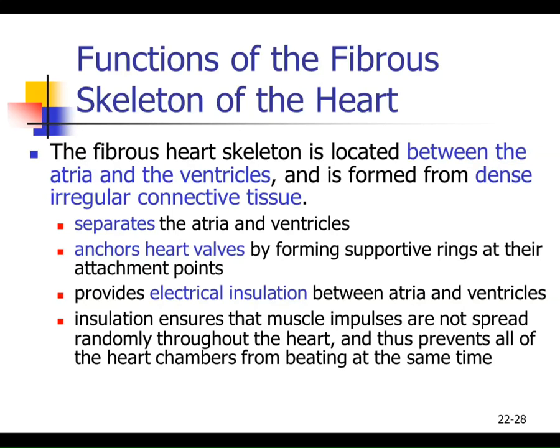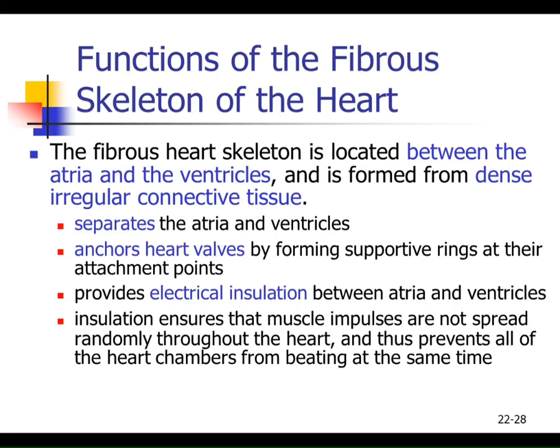But I want you to realize that in between the atria and the ventricles, there is a layer of dense, irregular connective tissue, and this is called the fibrous skeleton. It is going to physically separate the atria from the ventricles on the inside. We've been talking about a sulcus on the outside, but this is literally a connective tissue structure that's going to give the heart its structure, give it its skeleton.